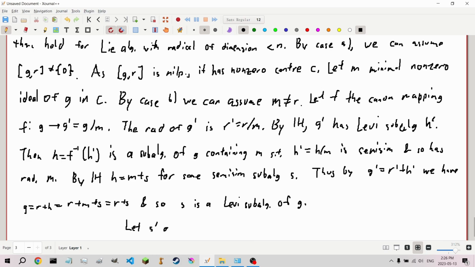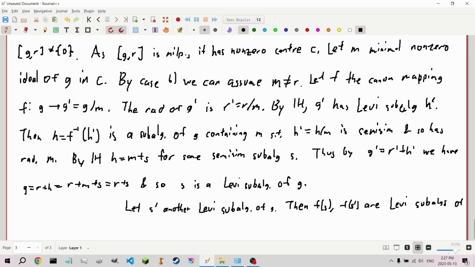Let S prime be another Levi subalgebra of G. Then f of S and f of S prime are Levi subalgebras of G prime.